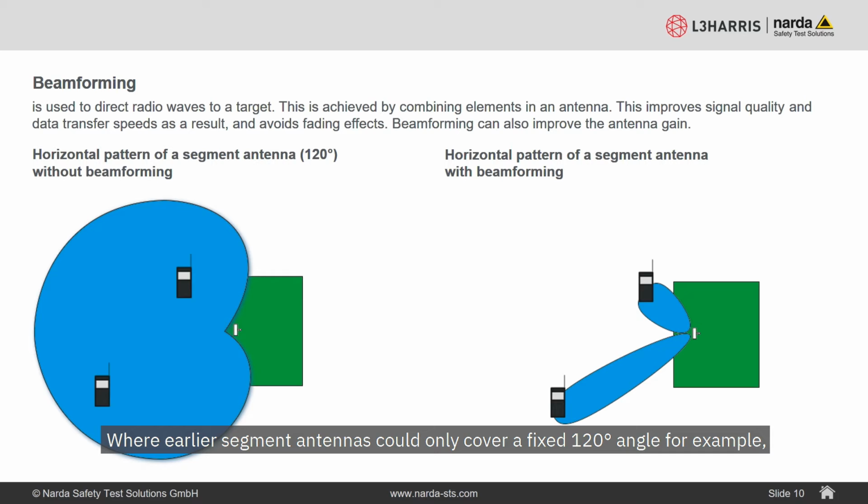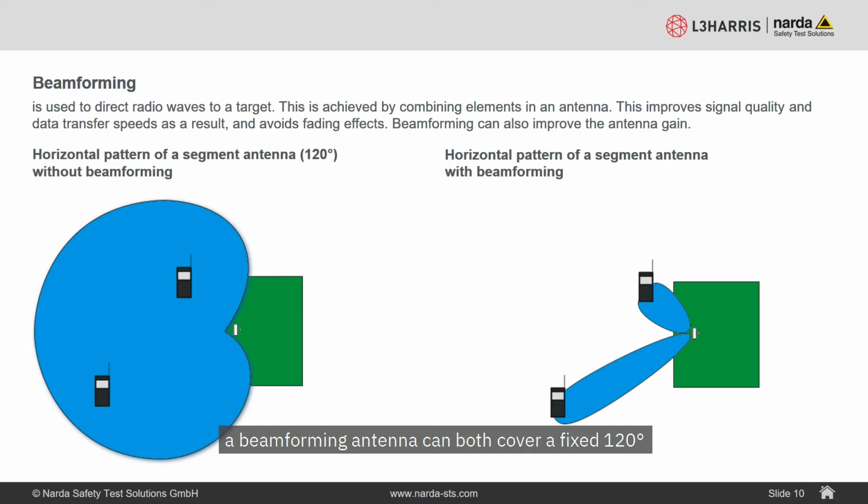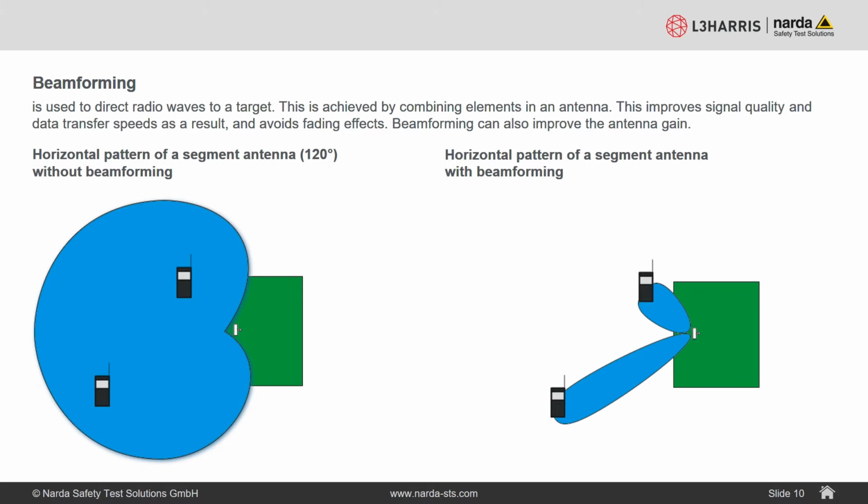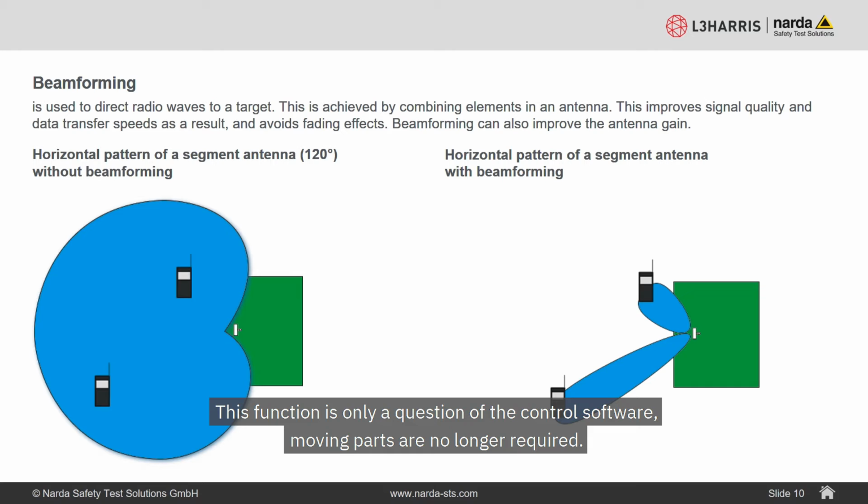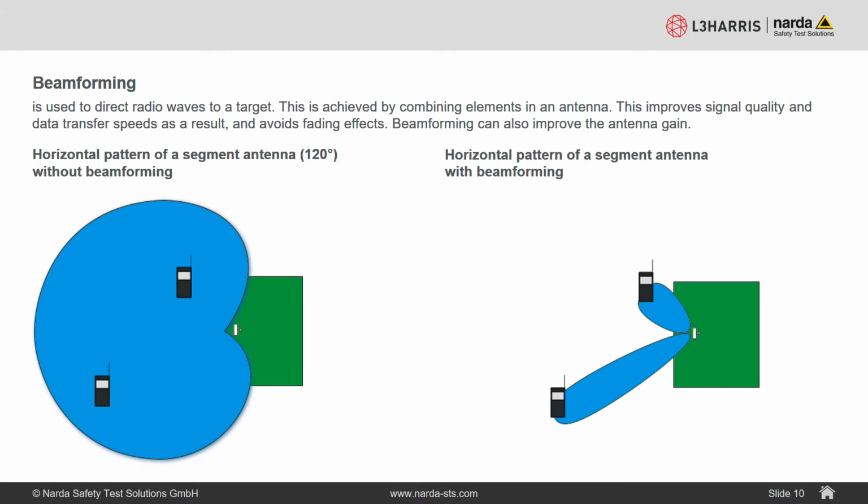Where earlier segment antennas could only cover a fixed 120-degree angle, for example, a beamforming antenna can both cover a fixed 120-degree angle as well as transmit only in a direct line to the handset. This function is only a question of the control software. Moving parts are no longer required.